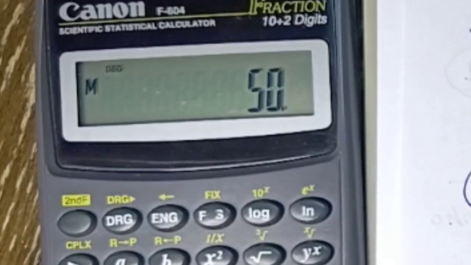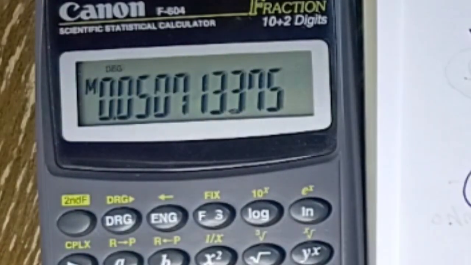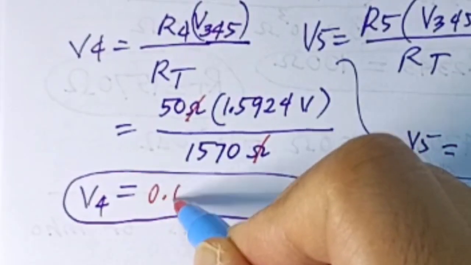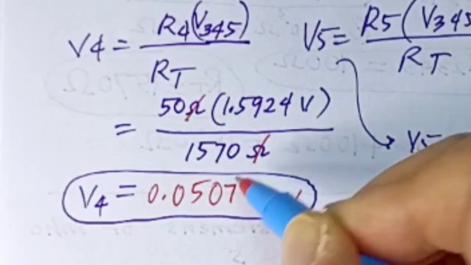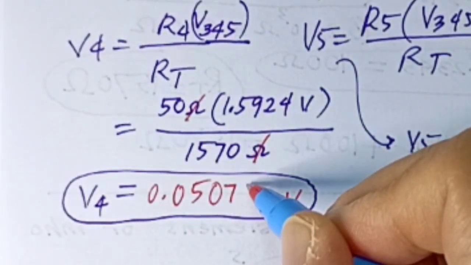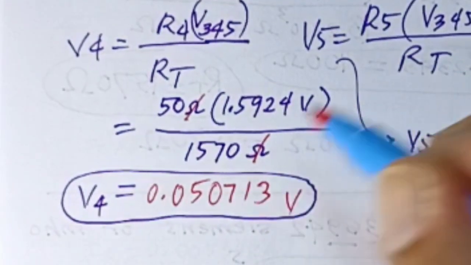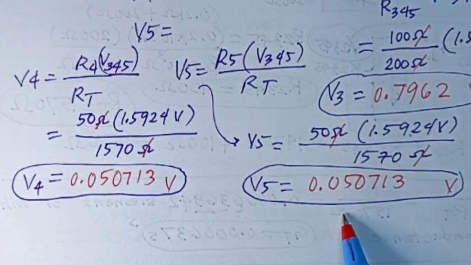Then we have 50 multiplied by 1.5924, divided by 1570, we will get 0.050713 volts. Now you will see that V4 and V5 are equal.